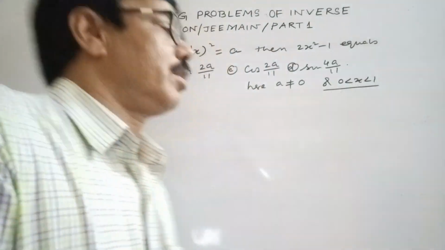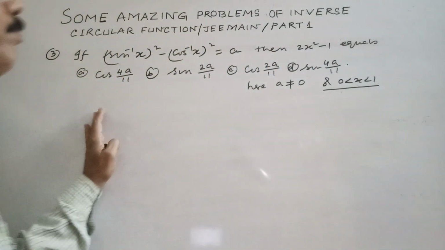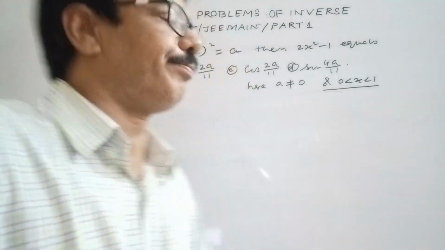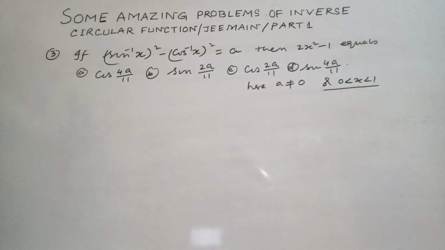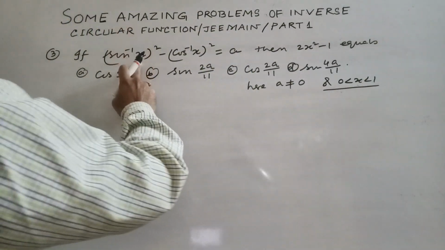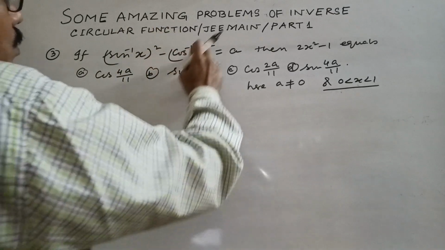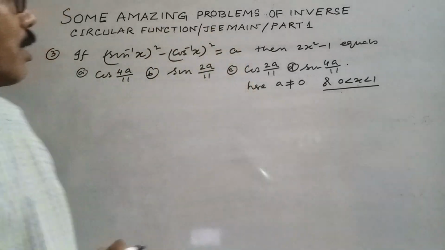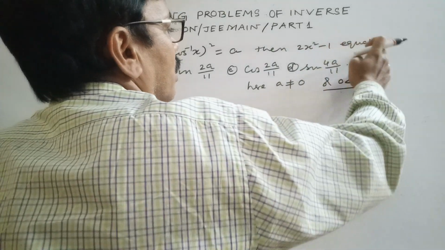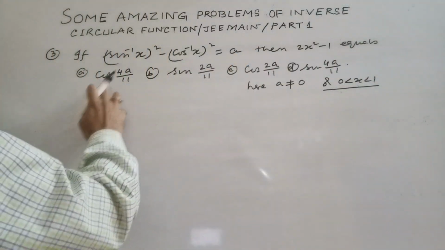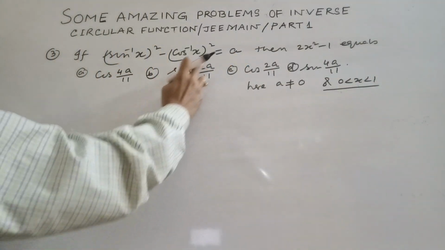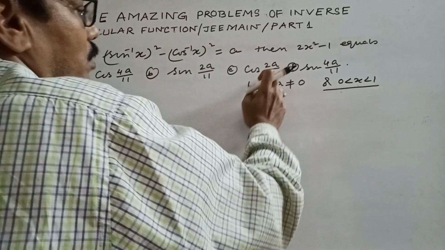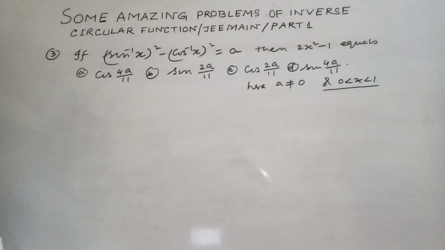Now we consider one more problem of JEE Main. Look, (sin inverse x) whole square minus (cos inverse x) whole square equals A. Then 2x square minus 1 equals cos 4a by 11, sin 2a by 11, cos 2a by 11, sin 4a by 11.